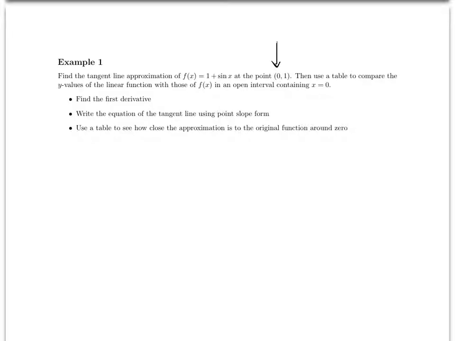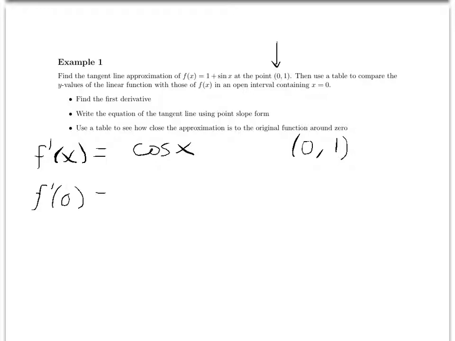Okay, so first thing, let's find the derivative. What's the derivative of f of x? Cosine x. Okay, so that's the derivative. We also need a point, so we need f of 0. Oh, sorry, it's already given, right? Okay, f of 0 is 1, right? Okay, so we have a point, we have to find the slope at 0, which is 1.